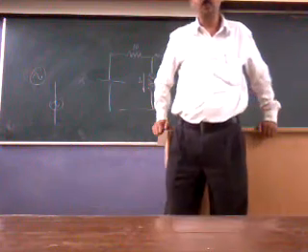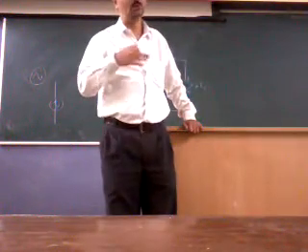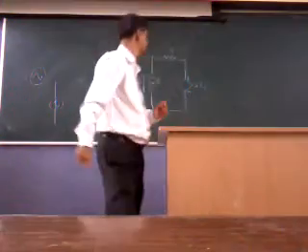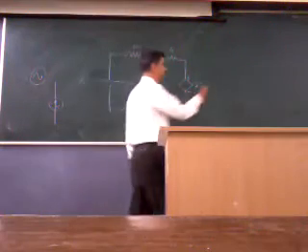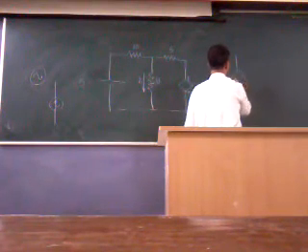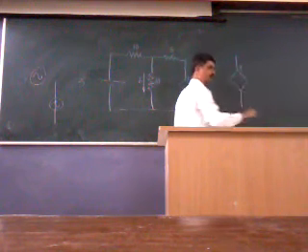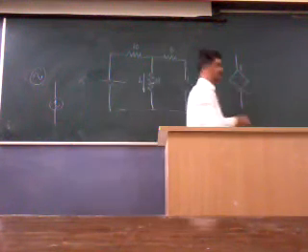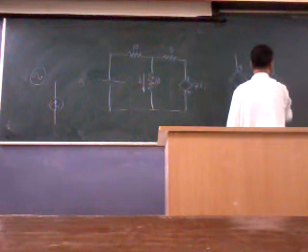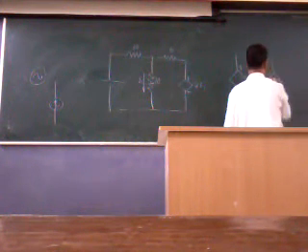Now, I would like to introduce to you one more entity that is called a dependent voltage source. A dependent source. The symbol is this, plus and minus is shown so as to indicate its direction. A dependent voltage source and a dependent current source.